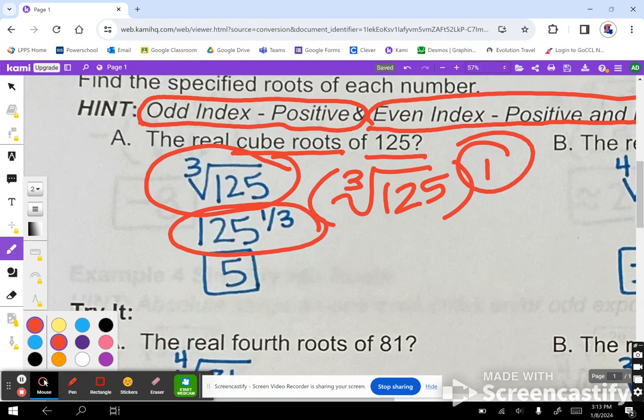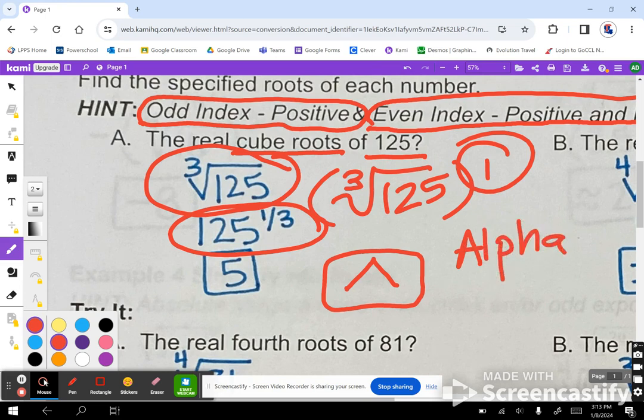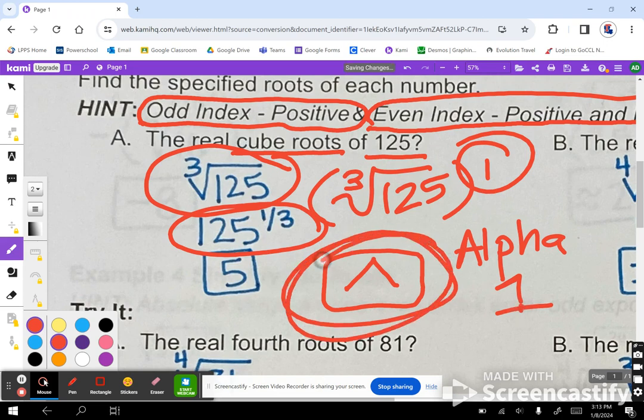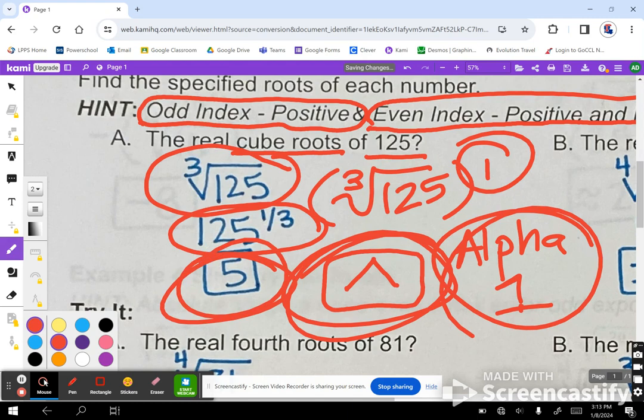The exponent button is over there by the divide button and the clear button. It looks like this. So type in 125, click that button, and then 1 over 3 to type in a fraction. Remember, fraction is alpha option 1. If you click number 1, it'll give you a fraction. So click 125, your exponent button, and then alpha option 1 will give you a fraction where you type in 1 over 3. Click enter, and your calculator will give you 5.